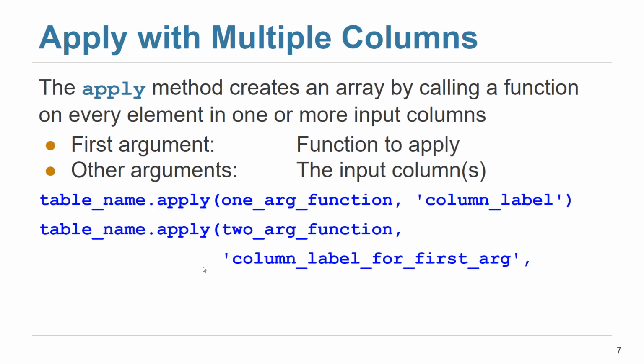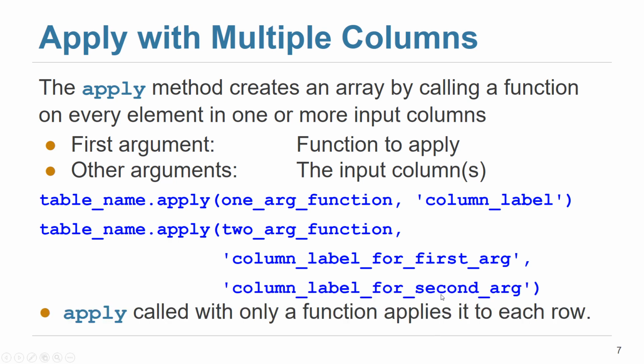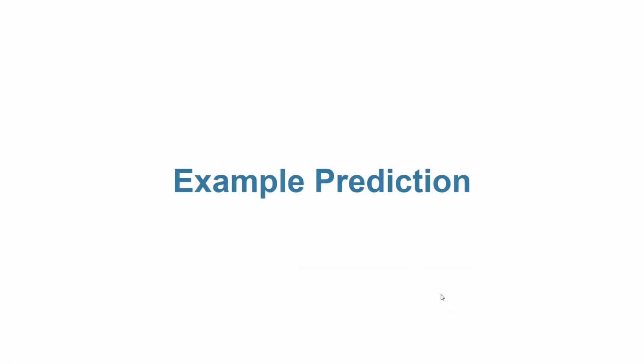So this is the apply with multiple columns. It takes two columns in this case: the column label for the first argument and the column label for the second argument, and applies to each row. Now here is a nice example of doing some computations given a data set. And this is, I think, the first example related to what we call prediction.